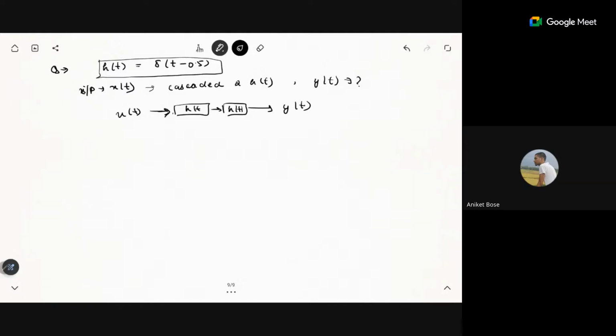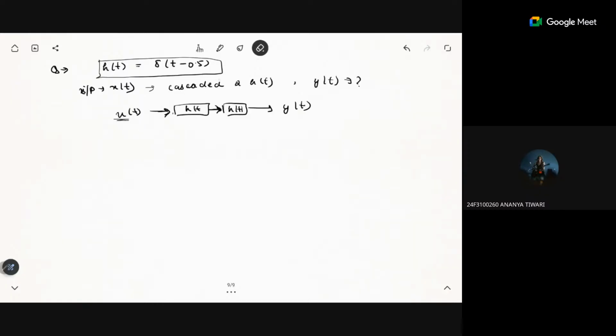What is this y(t)? Can you quickly calculate and tell me in terms of x(t) only? Ma'am, it is x(t) convolved with this h(t) once, or h(t) twice? You have to think and tell what it will be.